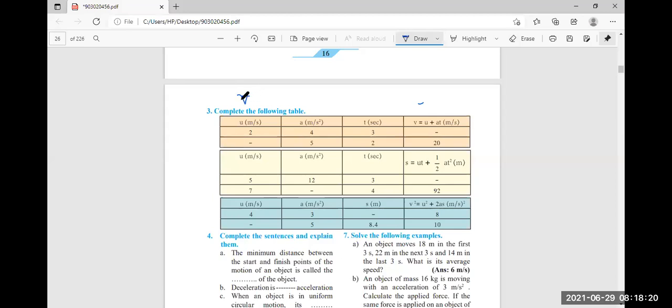Now V is given as 20, so directly we will put 20 in the formula. 20 is equal to U, which we don't know, keep as it is, plus A, we know 5, and T is given as 2. 5 twos are 10. So 20 is equal to U plus 10.